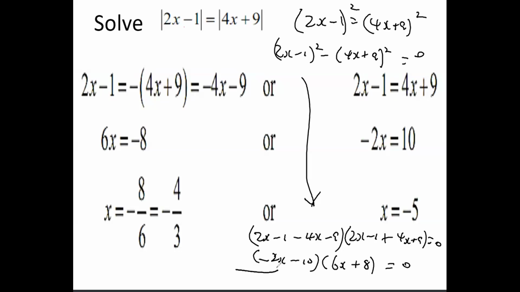So from this, you're going to get minus 2x equal to 10. Oh, that's this answer here. And this one, 6x plus 8, you get that, right? You will get that one. So you will get the same answer. That's the alternative.